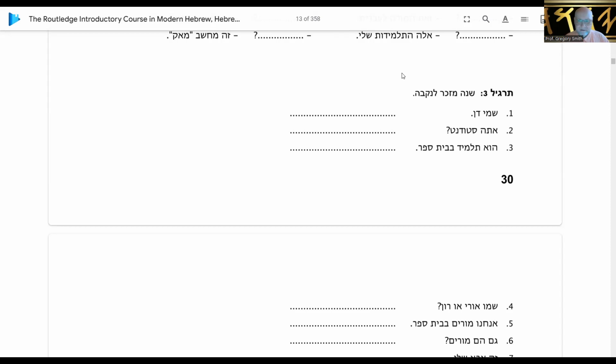So we know that zachar is masculine, remember? This is the masculine part, and this part is the "from" masculine, and then the lamed preposition is "to" or "for." In this case, it's "to," and then the nekeva part of it is female. So shana, change from male to female.